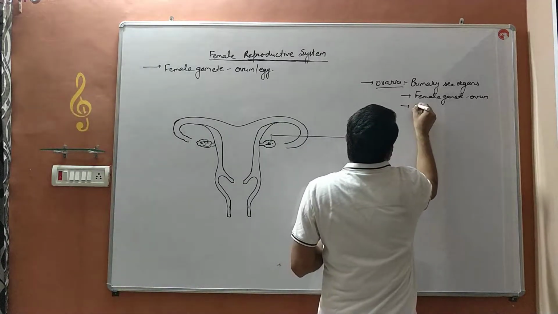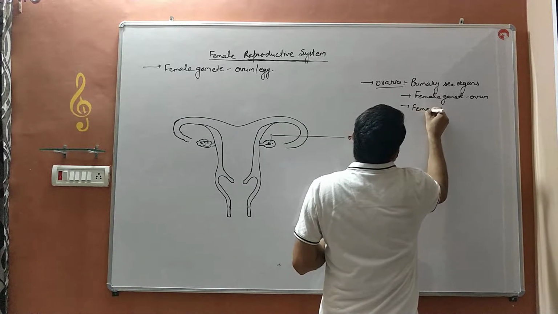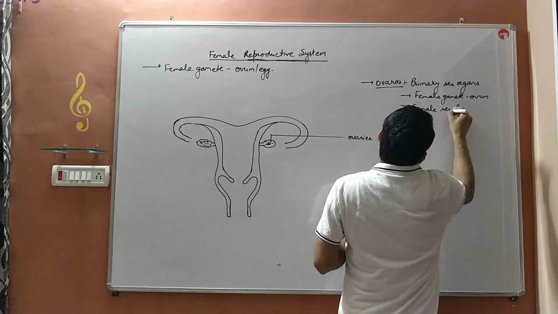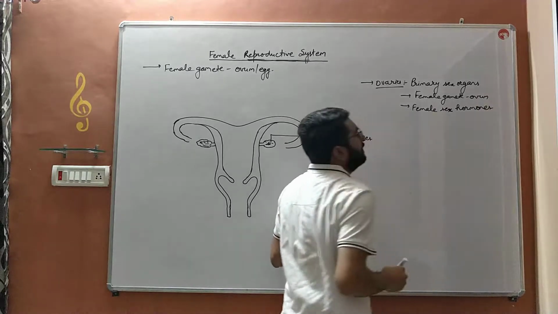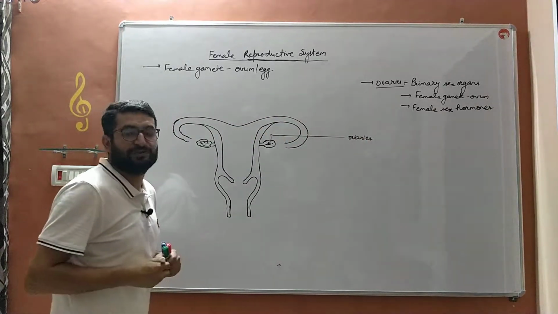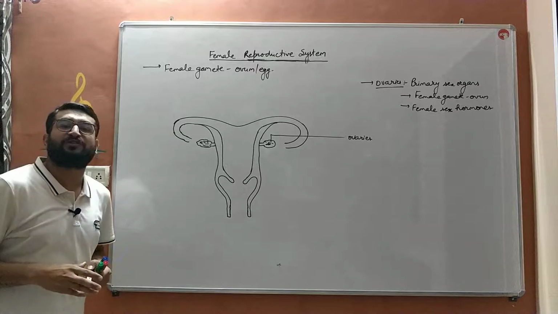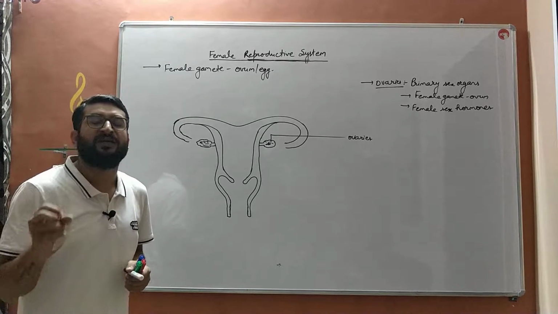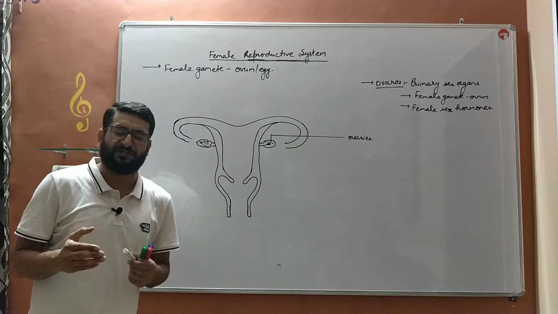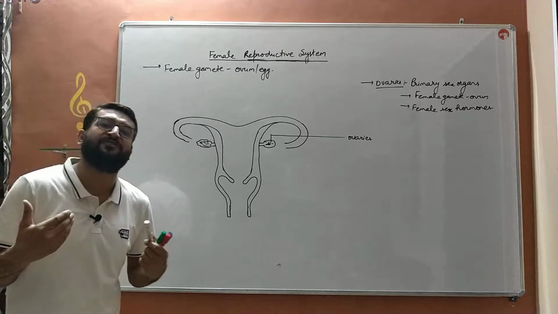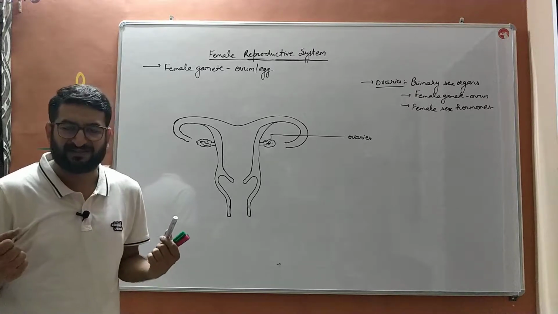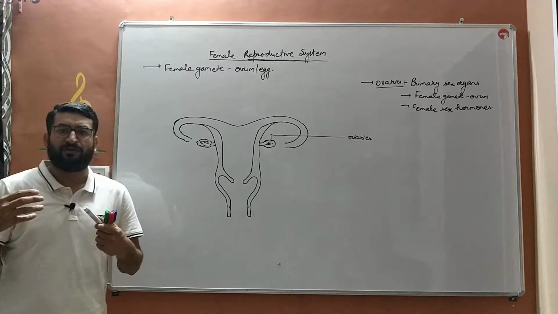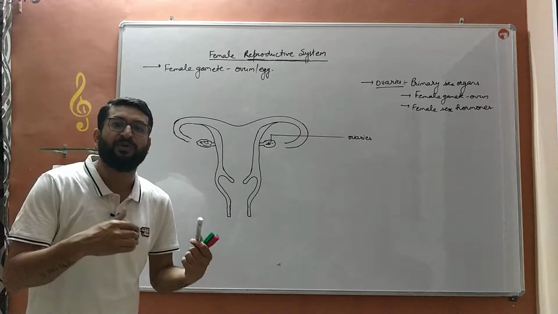Next, they also secrete female sex hormones, that is progesterone and estrogen, which are responsible for secondary sexual characters in females. The secondary sexual characters are the characters which appear in a female during puberty, that is the growth of breasts, and production of milk in the mammary glands during pregnancy.